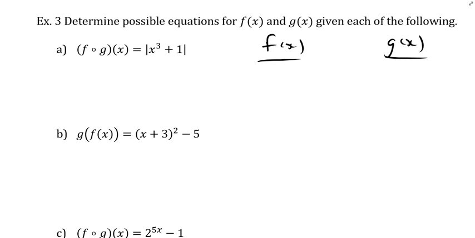Okay, who's got one? Roman? F of x is equal to the absolute value of x plus 1, and g of x is equal to x to the power 3. Nice. Simple one, right? Come up with a different one. If that's the one you had, come up with another one.